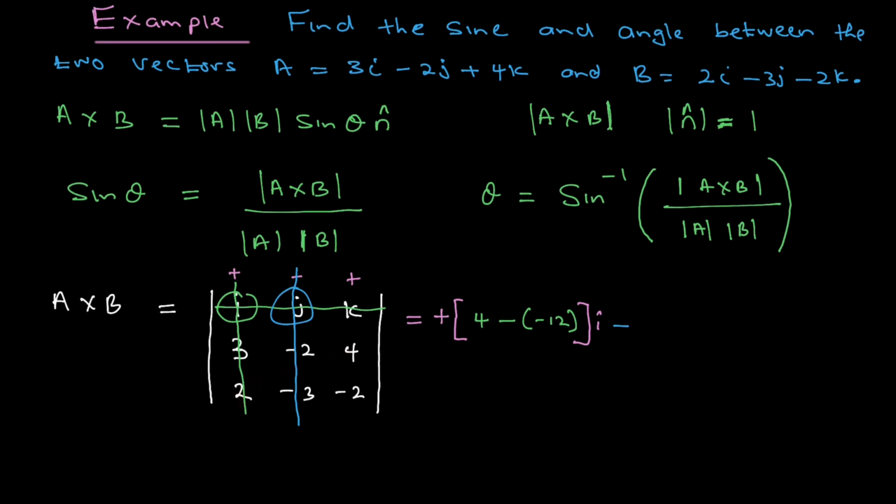So it might be better to use a square bracket there. So minus 2 times 3 is minus 6, and then minus 2 times 4 is 8. So put that in close bracket, I'm going to call that j. Right. And the final one I need to do will be the k here.